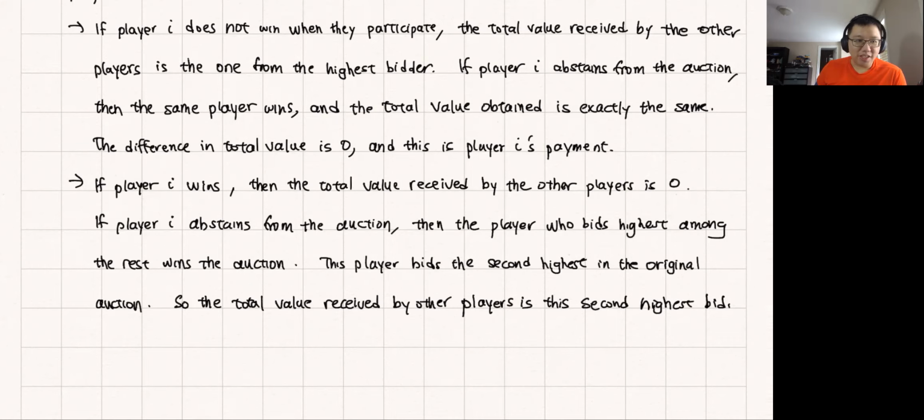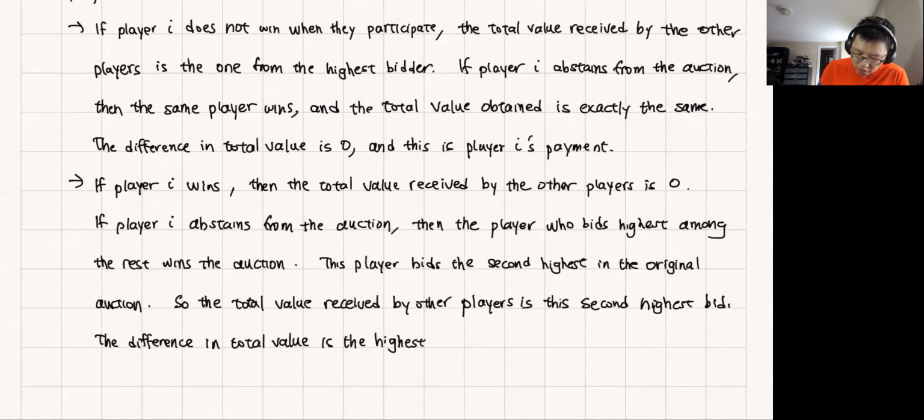But if player I abstains, they receive the second highest bid. So the difference in total value is the second highest bid, and this is also player I's payment.